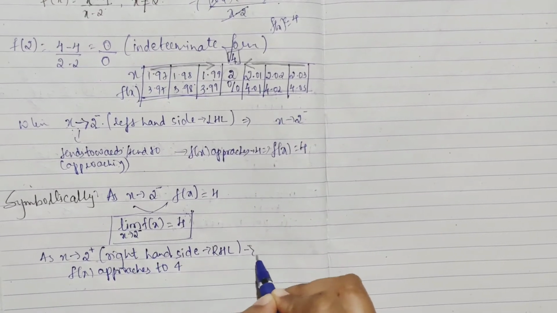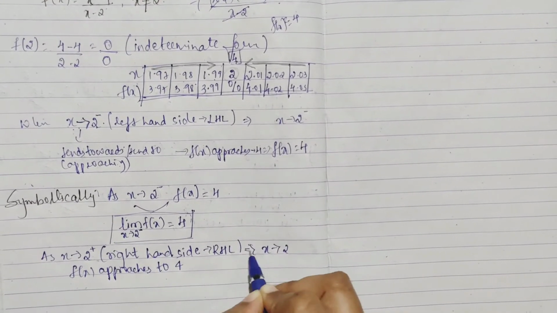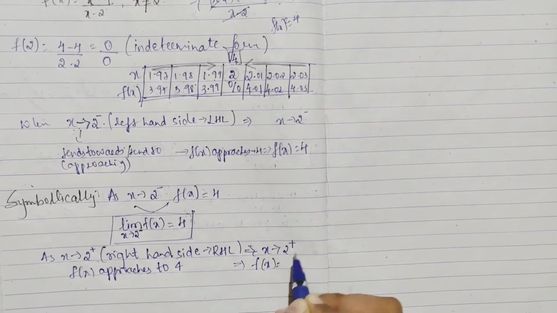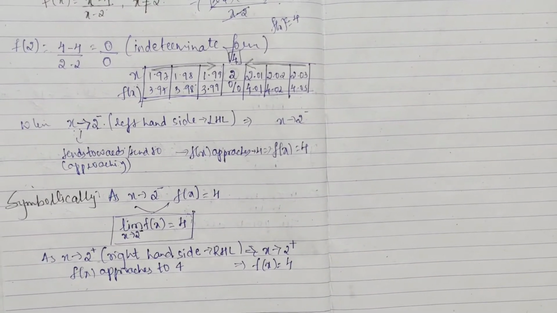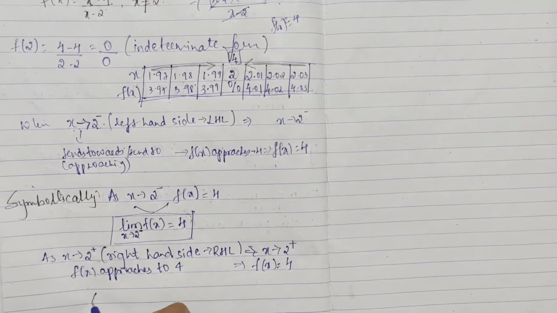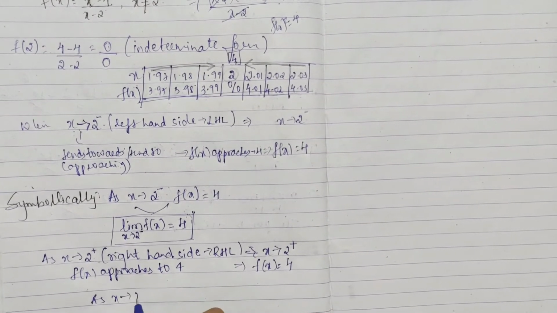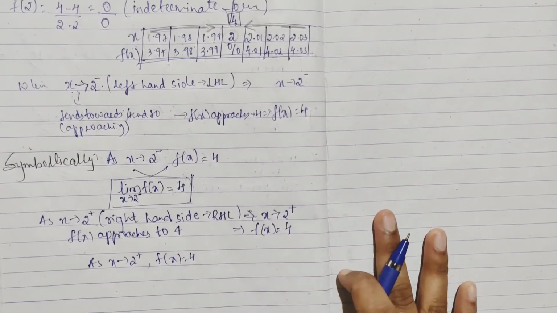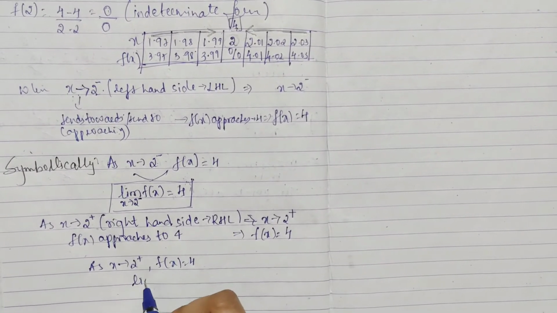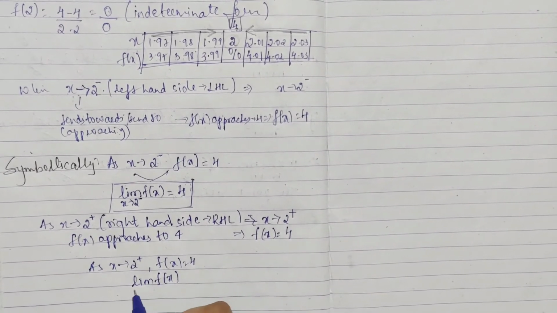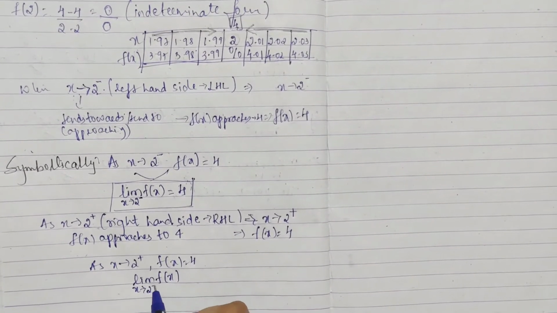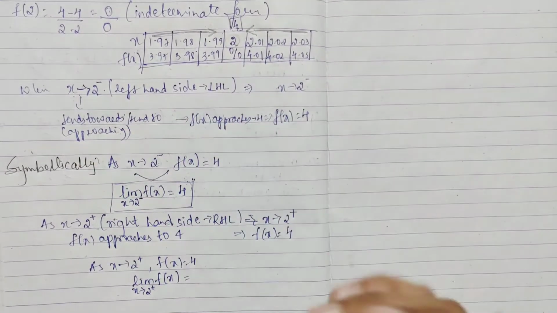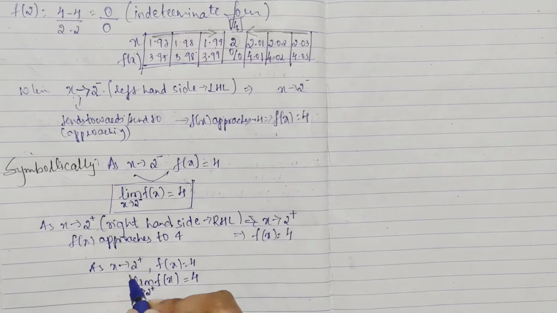So how will we write? When x tends to 2 plus, that is 2 from the right hand side, f of x approaches 4. So symbolically, as x tends to 2 from the right hand side, f of x is equal to 4. In limit form, limit of f of x as x tends towards 2 plus, which means towards the right hand side, you get 4.